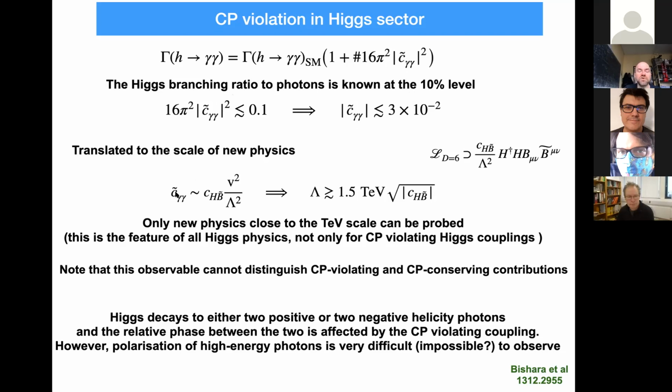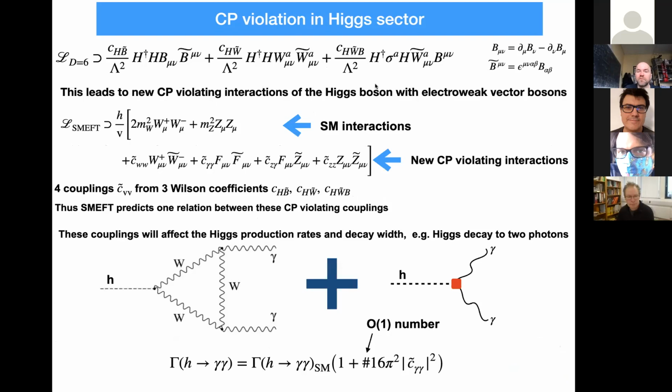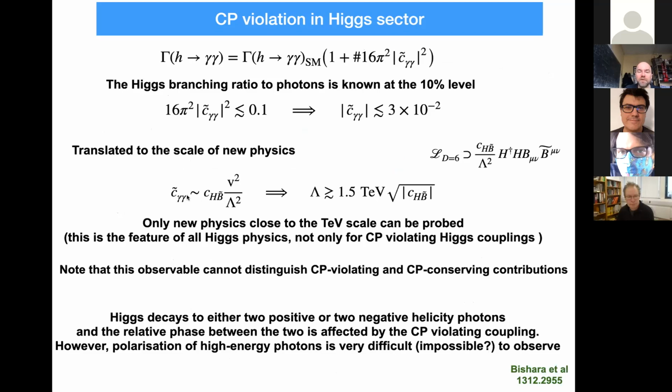Now, how does it translate to new physics? So this C twiddle gamma gamma comes, for example, from this operator. So let's take, for example, this operator C H B twiddle. The relation between C twiddle gamma gamma and the CP violating Wilson coefficients in the D = 6 Lagrangian is simple. It's this times v squared over lambda squared.